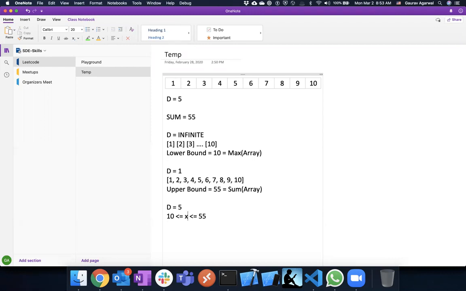We have a lower bound and an upper bound. I'm thinking, can we take the middle element of these two, and then compare? For example, 55 plus 10 is 65, divided by 2. I think you are suggesting binary search?